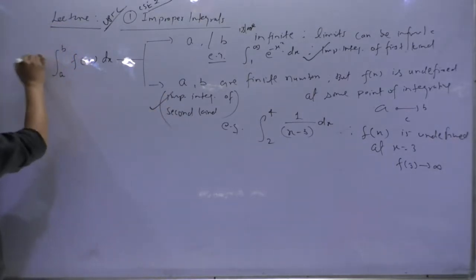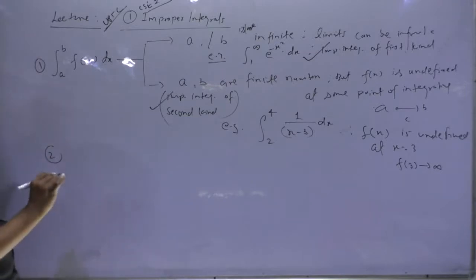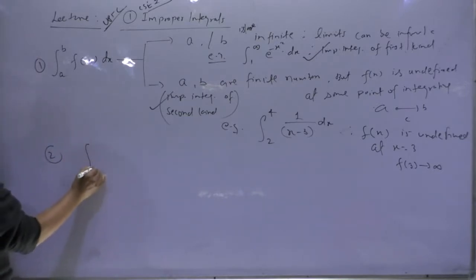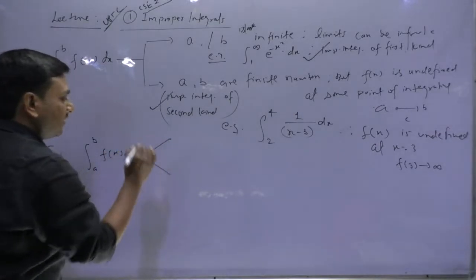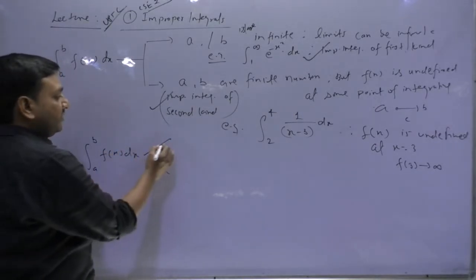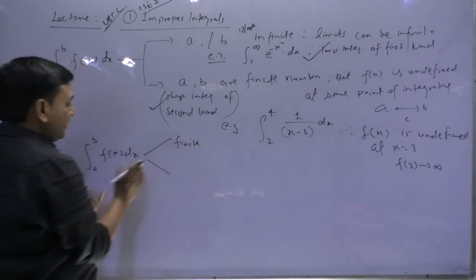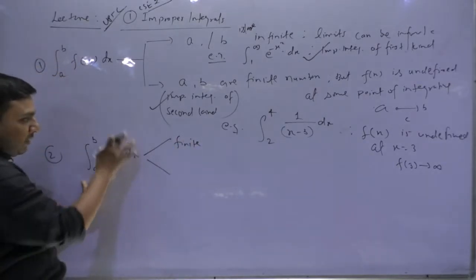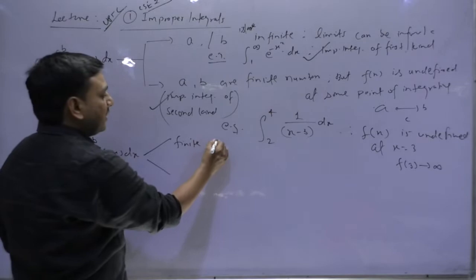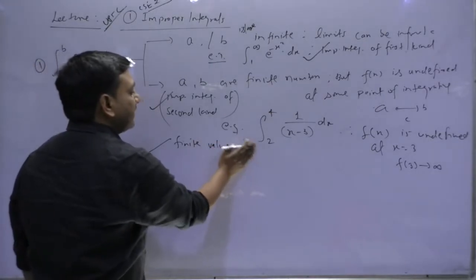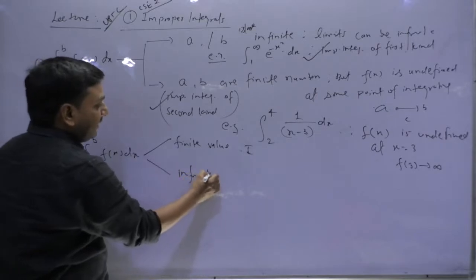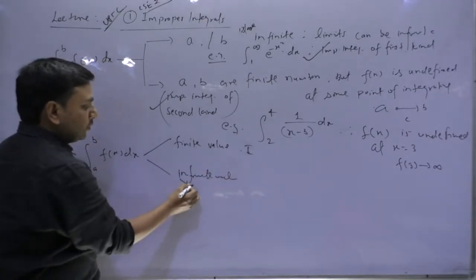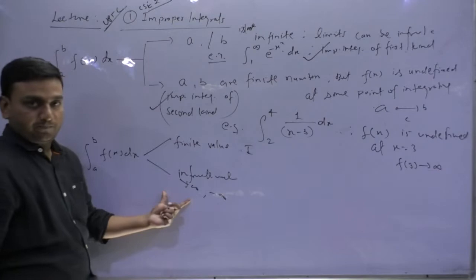Now, the second point is: what can the integral a to b f of x dx be? On calculating this integral, the value comes out as some finite value, let's say capital I, or maybe an infinite value, meaning tending to infinity or minus infinity.